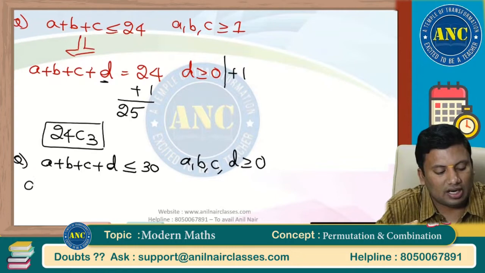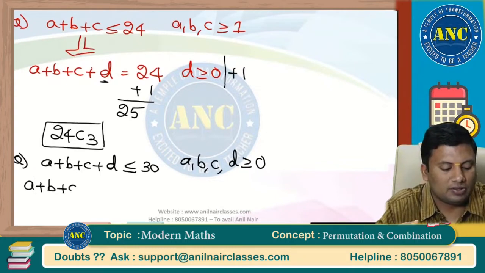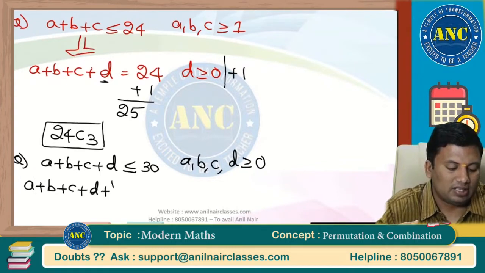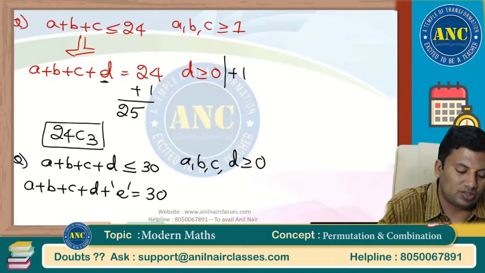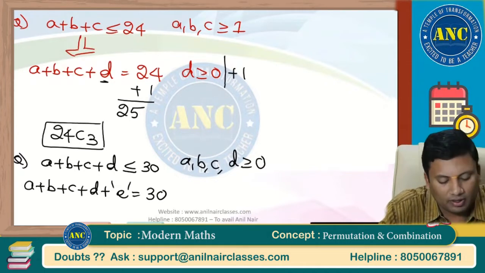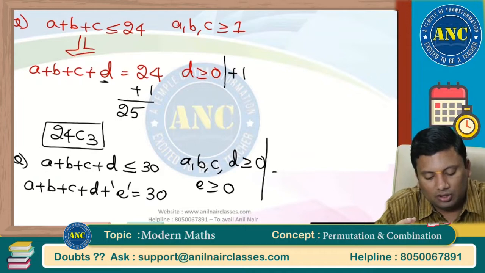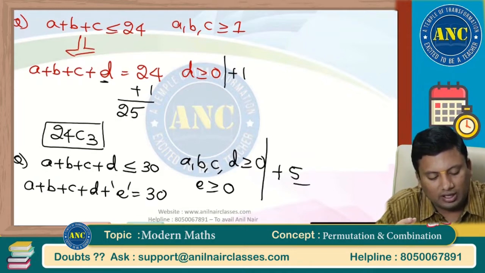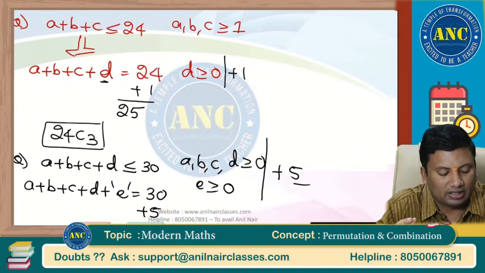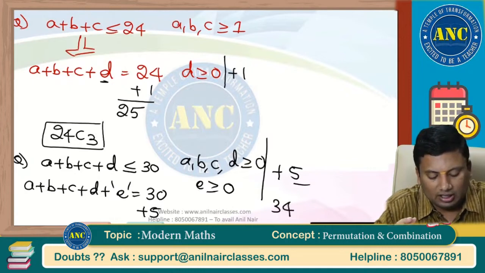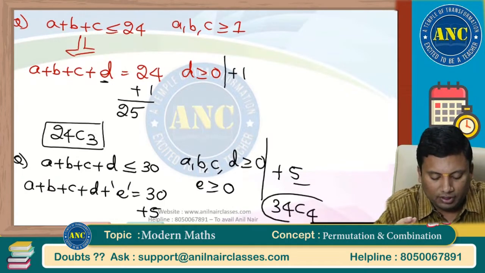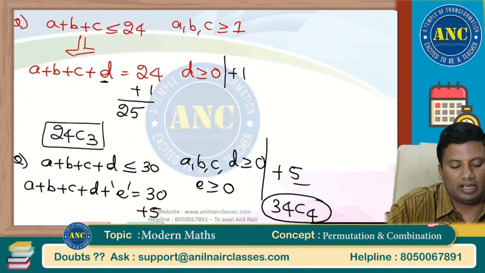If all are starting from zeros, a plus b plus c plus d plus e equivalent to 30. 30 can be equivalent to 0. If a plus b plus c plus d is 29, e value will be 1. So here e value can be 0. 0, 0, 0. Total 5 values I have to add. 30 plus 5, 35. Answer is nothing but 34C4.